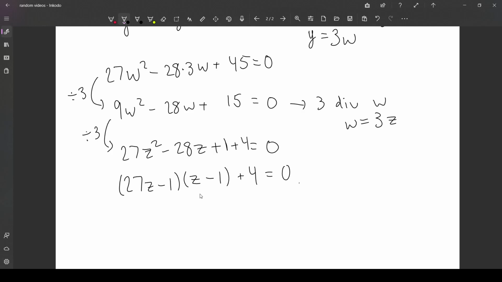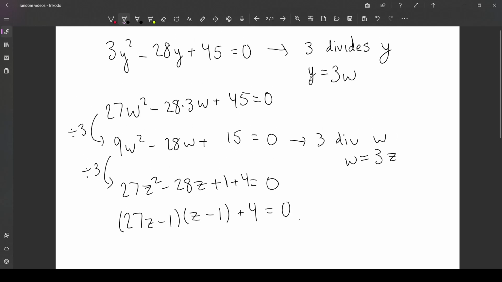Now, what is z? Well, y equals 3w and w equals 3z. So these things put together means y is 9z. And remember that y was greater than x, right? That's what we assumed. And in our current case, x equals 2. So y is greater than 2, and it's a multiple of 9, which means that z is at least 1.